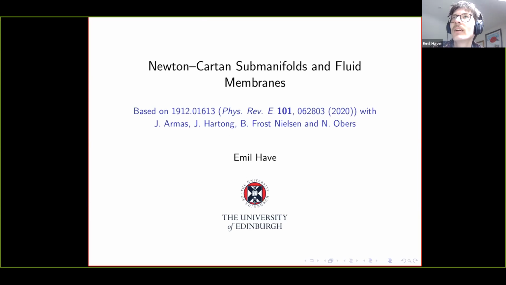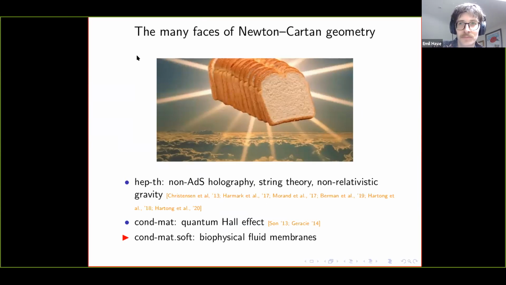So let me begin by giving some background. Newton-Cartan geometry was originally developed by Cartan in the 1920s to provide a geometric framework for Newtonian gravity in much the same way as pseudo-Riemannian geometry provides a framework for general relativity. And the way that you should think about Newton-Cartan geometry is sometimes like this bread here.